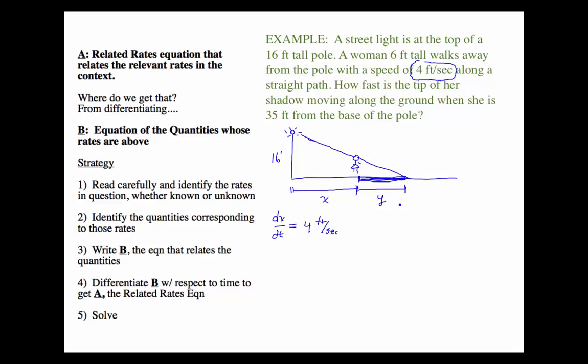Why is that different than how fast the tip of her shadow is moving? Because this point is moving, you see? Because she's moving. The rate of change of y will not be how fast the tip of her shadow is moving, but just how fast the shadow is growing, relative to her, but she's moving. If we want the rate of change of the tip of the shadow, then what distance do we need?